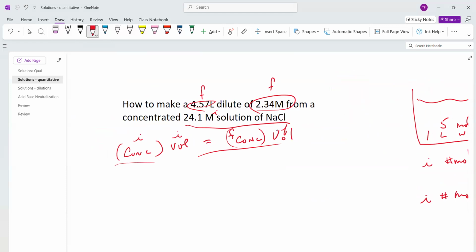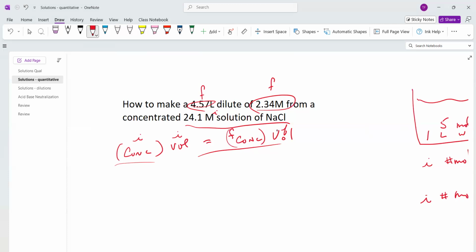So how many variables are in that equation? 4: 2 initials, 2 finals. And we know 3 of them, so we can solve for the 4th one. We don't know the initial volume. We know the initial concentration, the final concentration, and the final volume.